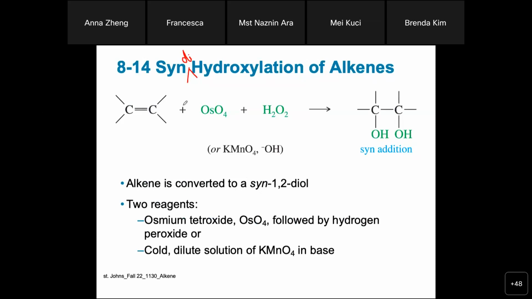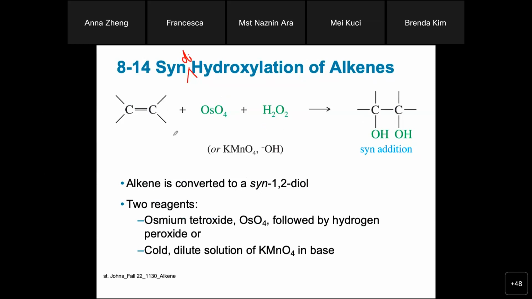Syn means the same side, which we know. And dihydroxylation is the conversion of an alkene to a glycol, which requires adding a hydroxy group to each end of the alkene.